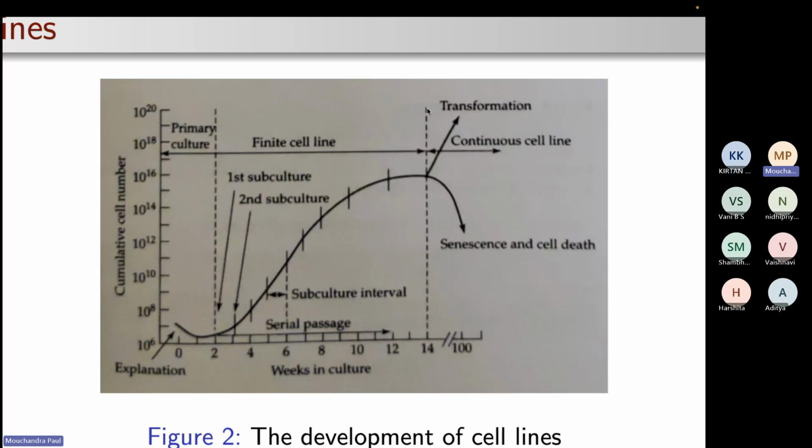Due to this transformation, the cell has become a continuous cell line or an immortalized cell line. So when you are culturing the cell for say 8 to 10 passages, this is your primary cell line having a finite lifetime. Whereas if some mutation or gene expression has changed in the genotype, the cell has transformed and become an immortalized cell line.